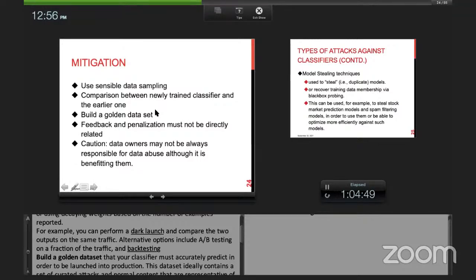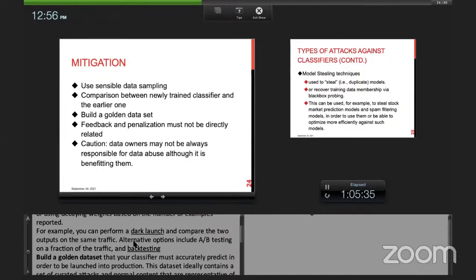Then after some time you get some more enhanced data sets, and you train the classifier once again. Then you can find out how they match in their results, whether it is more accurate or less accurate, and why or why not, false positives, false negatives. You may look into the output data in greater detail, and then you will come to know whether this type of testing is helping you, because then you may be able to identify that the data has been tampered with, or the model has been tampered with.